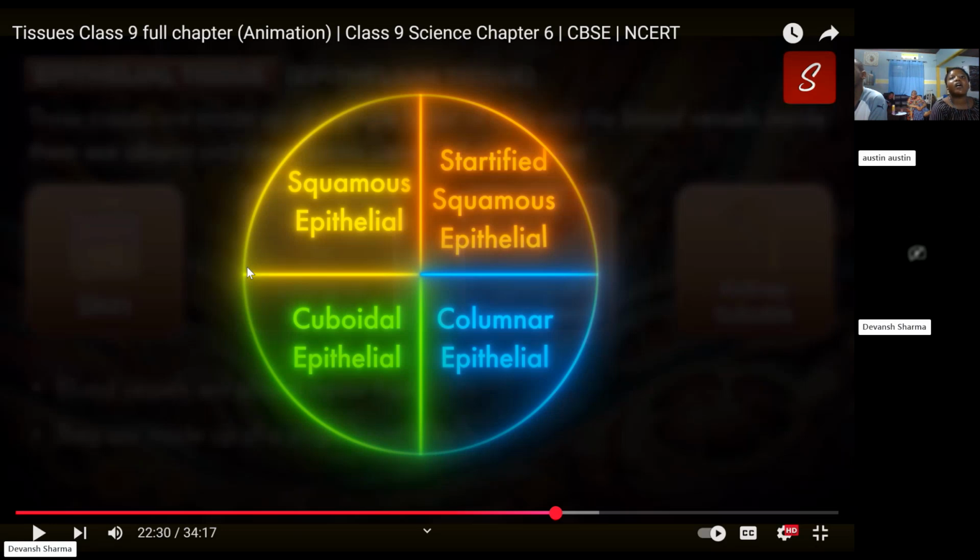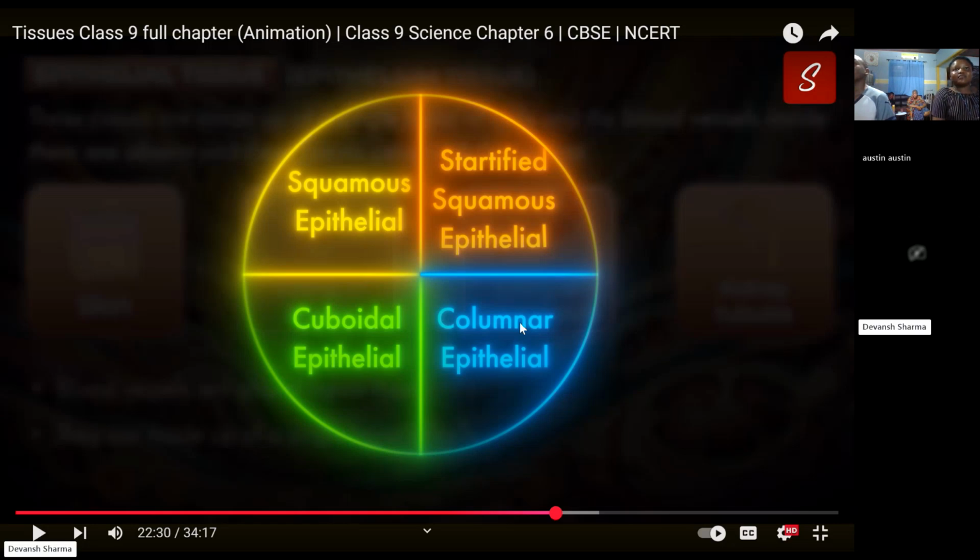What can you figure out from these four terms: squamous, stratified squamous, cuboidal, and columnar? Squamous, I can figure out a square.